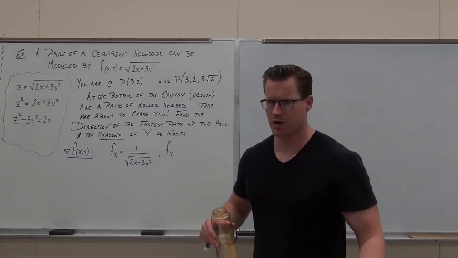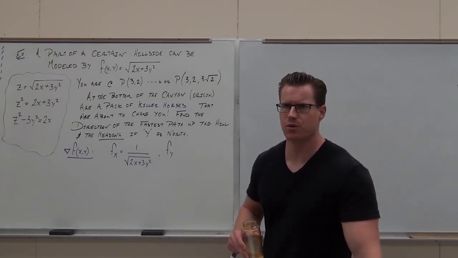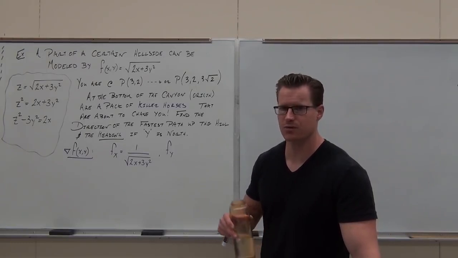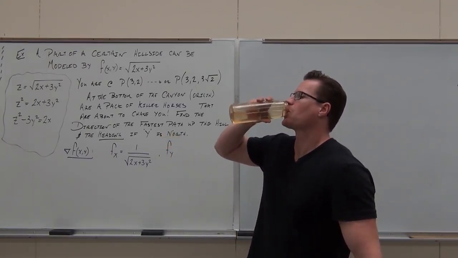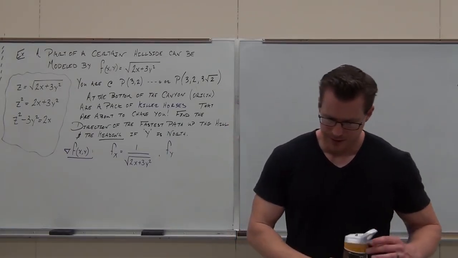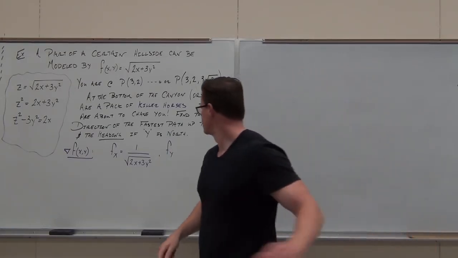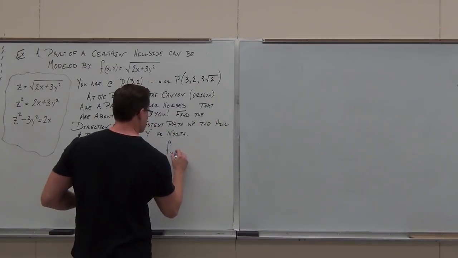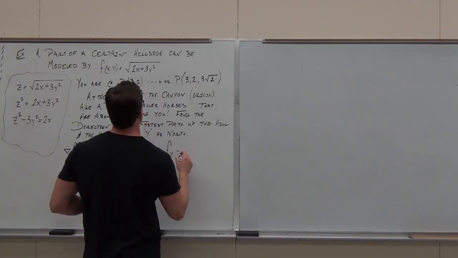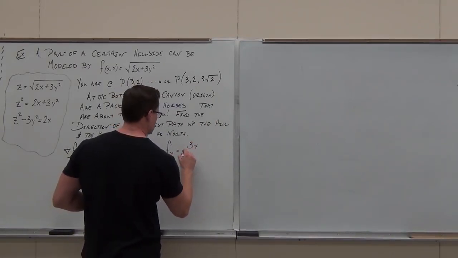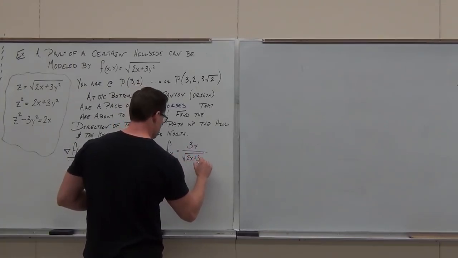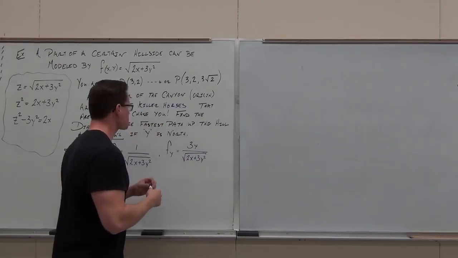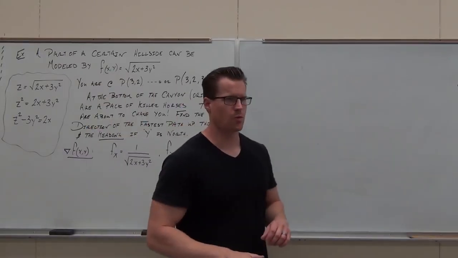Get the 1/2 power, bring it down. Chain rule gives you a 2. The 2 and 1/2 are gone. You get 1 over the square root of that. Partial with respect to y.